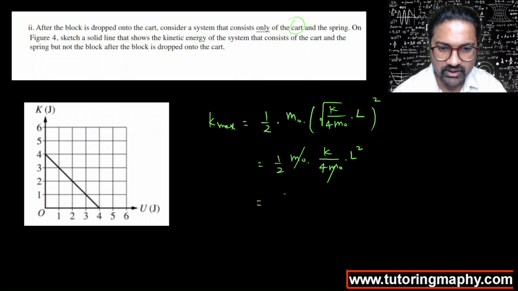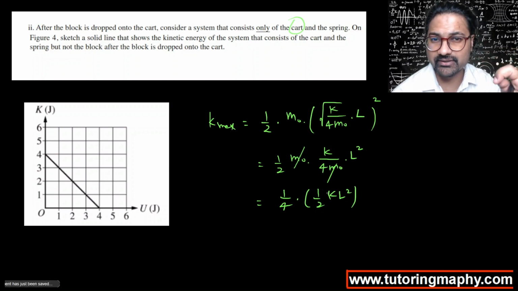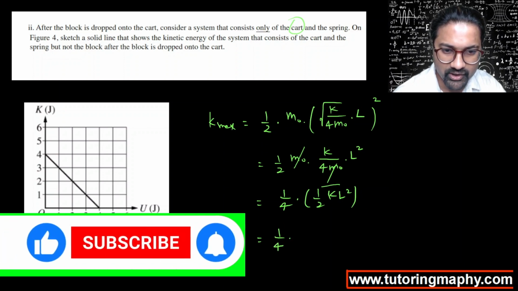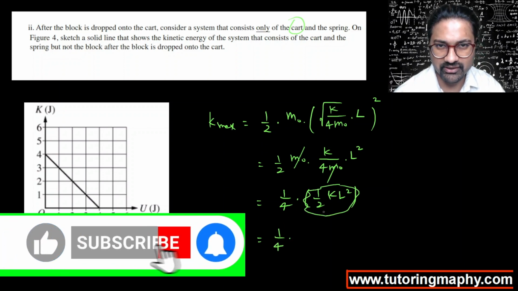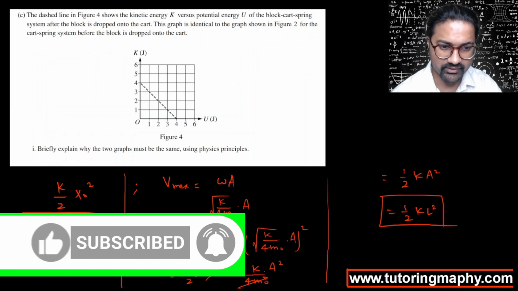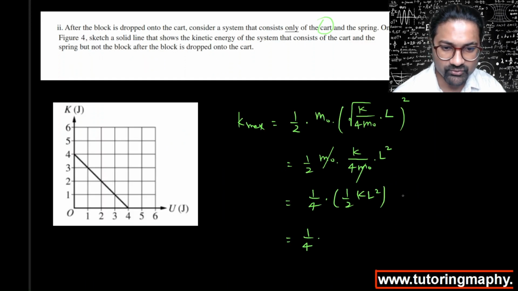I'm going to write that as 1/4 of 1/2 kL square. Why? Because this makes clear sense that now the maximum energy is 1/4 of the initial energy, because half kL square was the initial energy, right? There you go. This is the initial kinetic energy. So this is 1/4 of the initial maximum kinetic energy.